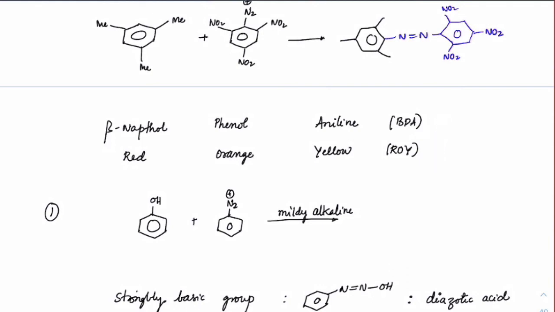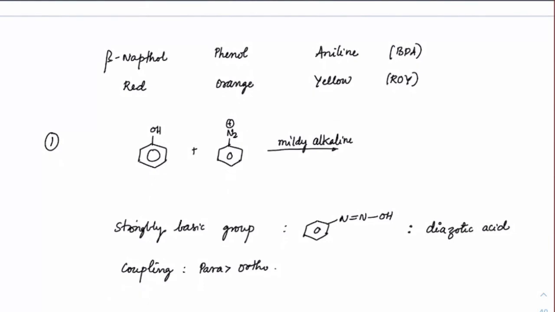Now, if we slightly go through the mechanism, let us see what is there. For phenols, we have already discussed how the diazonium salt is formed. When you treat phenols with diazonium ion, we usually require a mildly alkaline medium, around pH 8 to 10.